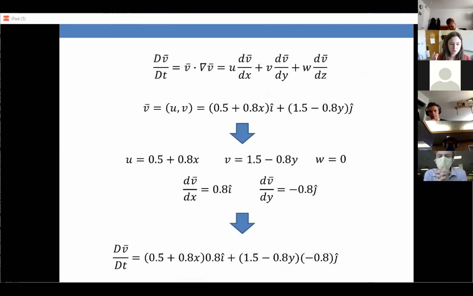Let's say it was a leaf. Remember the leaf? The leaf has some mass. So if you found the material acceleration of the leaf multiplied by mass, you get the force on that leaf. If you know the x and y position of the leaf, you could figure out what the force on the leaf is using this.